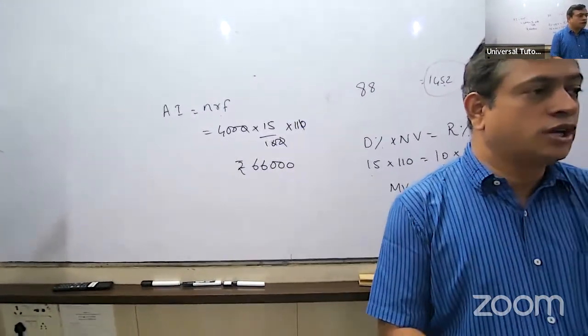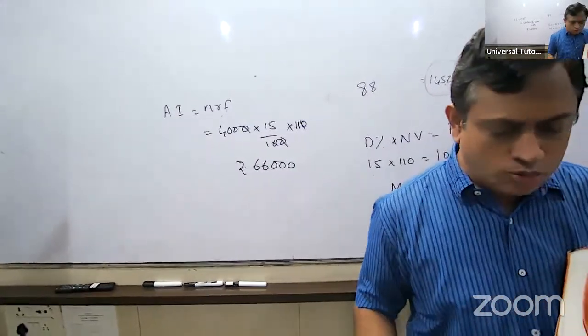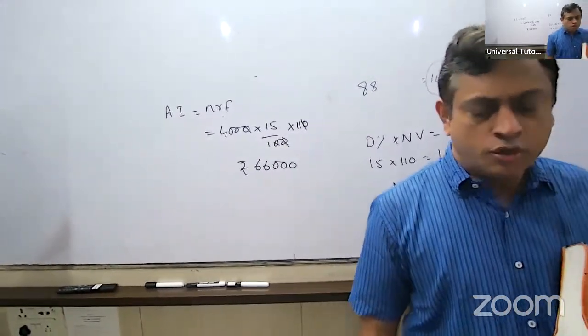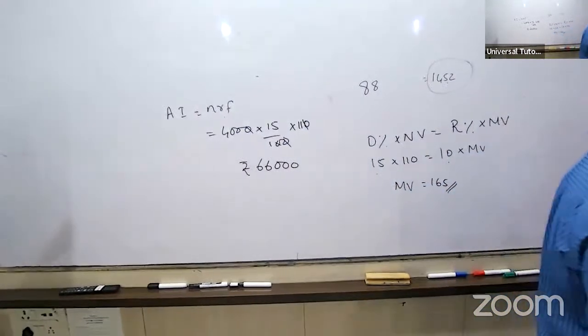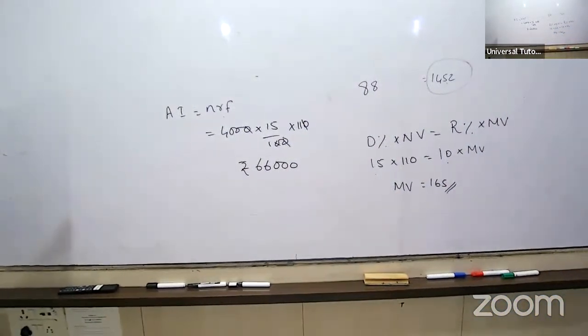Annual income when calculating, keep in fraction only. No need to put into decimal, because you are going to equate. Annual income of A is equal to annual income of B.